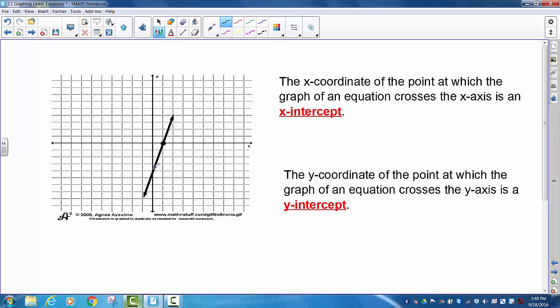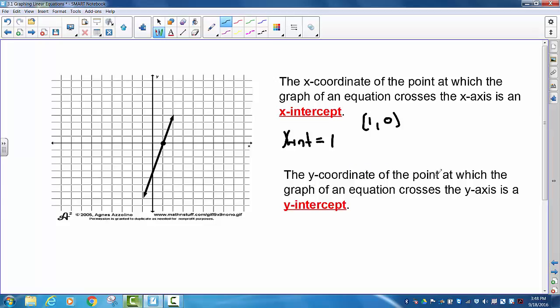What is the coordinate of that x-intercept? The coordinate is 1, and that's the x part of it. And then how much does it go up or down on the y-axis? It doesn't go up, it doesn't go down, so that's 0. And we say that the x-intercept is 1.